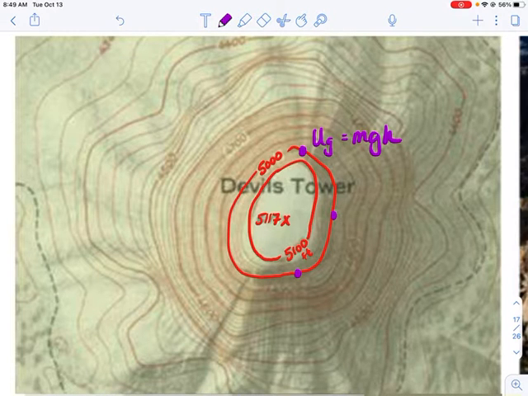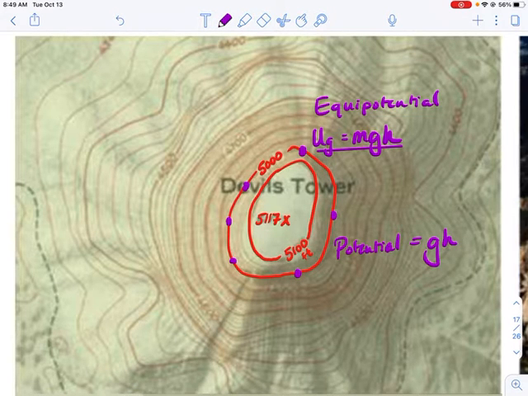And we would say that this is equipotential because the potential is the same at all points on this line. Now, remember that gravitational potential energy is mgh. Potential would just be gh. So it's just the strength of the field times the height.